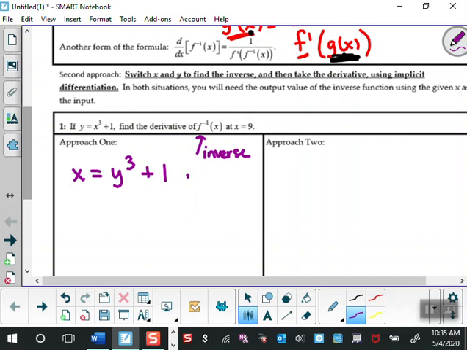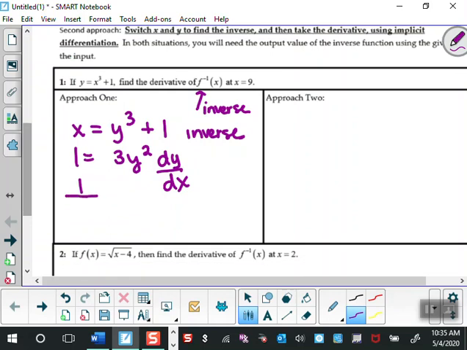Now, this is the inverse. Now I take the derivative, but I'm taking the derivative with respect to x. So this is going to be 1 over 3y squared equals the derivative that I'm looking for.